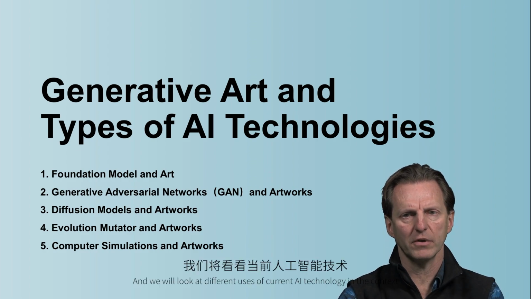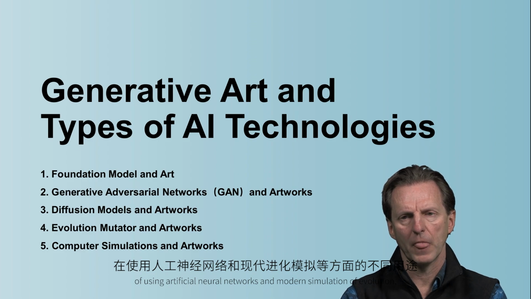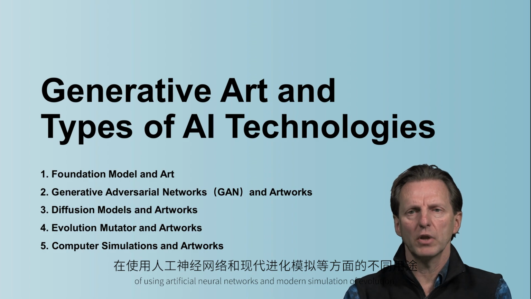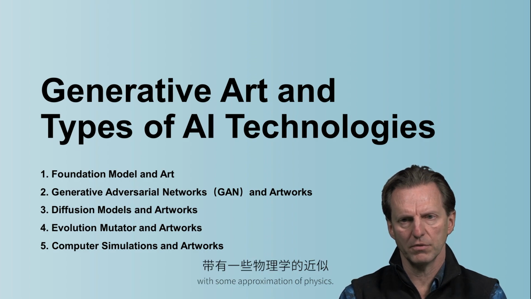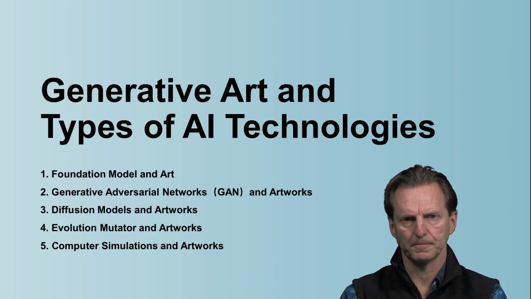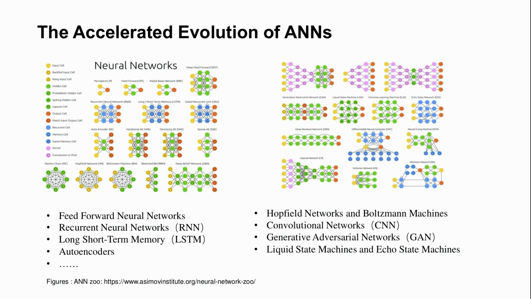And we will look at different uses of current AI technology in the context of using artificial neural networks and modern simulation of evolution, as well as sophisticated simulation, dynamic simulation with some approximation of physics. Be aware that in this exhibition, we're only covering some of the current progress in AI.